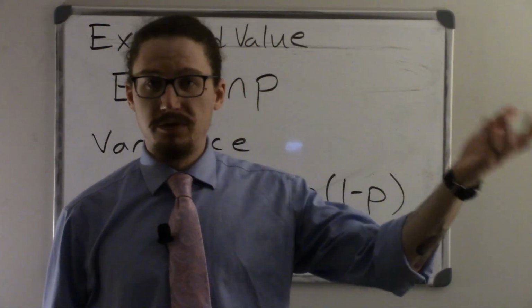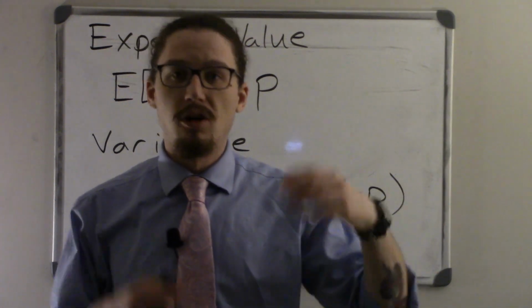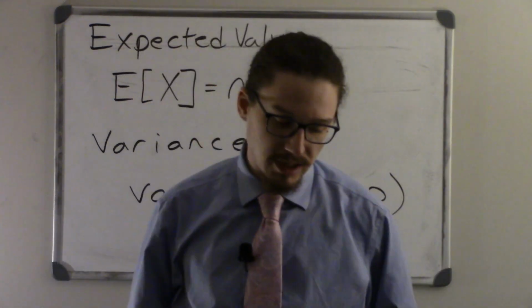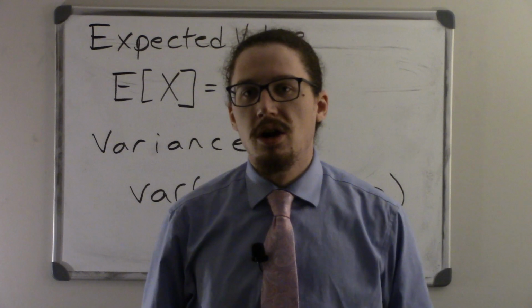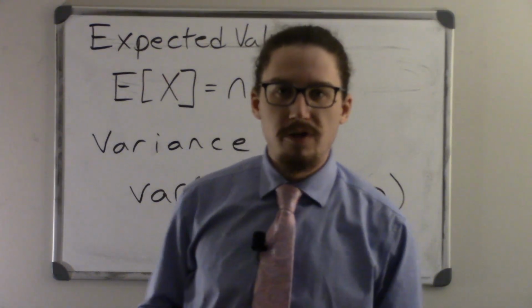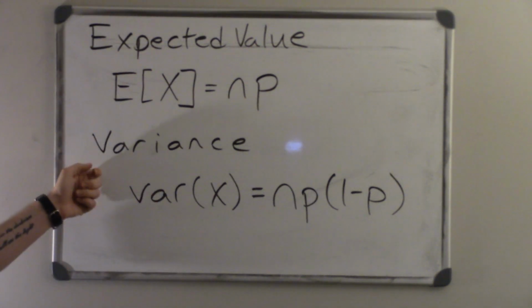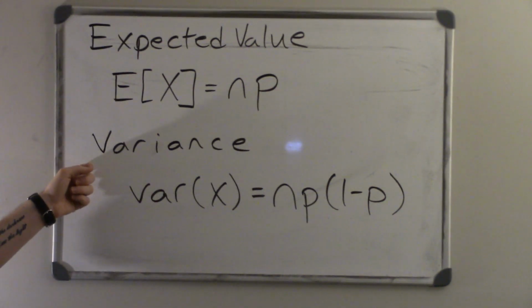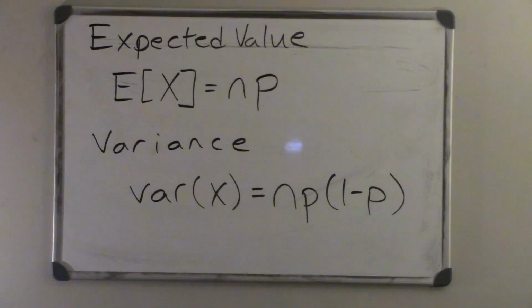However, you could, if you wanted to, use the other methods that we've talked about, the longer formulas that we did previously in this chapter, right? You could use that to find the expected value and variance for a binomial random variable, but it's going to be faster, it's going to be simpler to use these formulas.